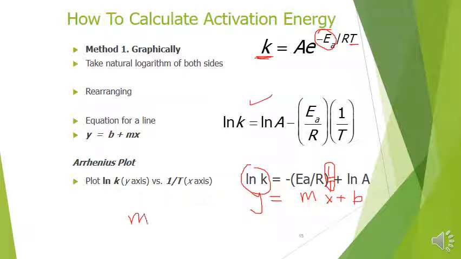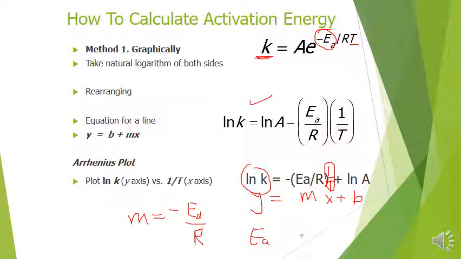Then our slope will be m equals minus EA over R, and we know R, that's the universal gas constant. And so you can solve for EA.